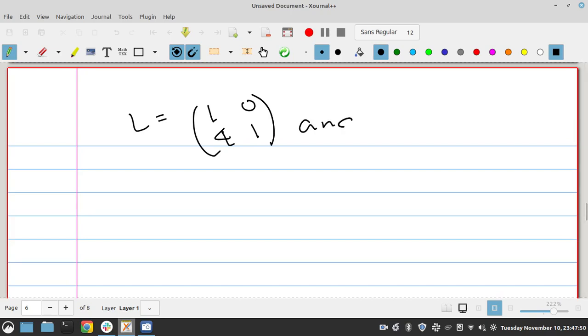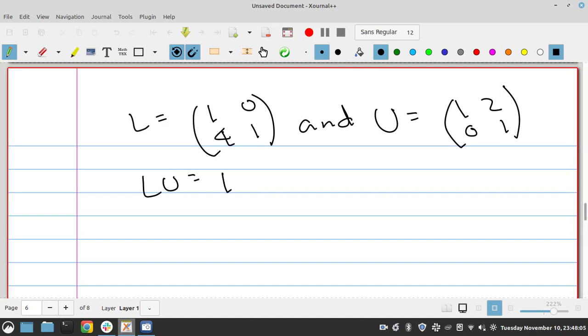And U equals 1, 2, 0, 1. So does LU give you A back? You get 1, 2, 4, 9. So yes, this does give you A back.